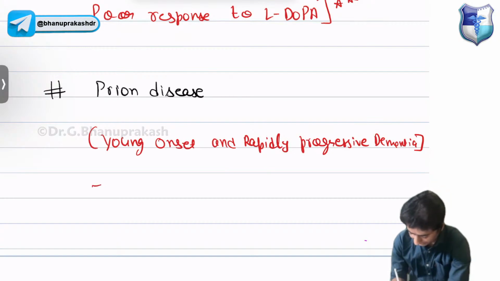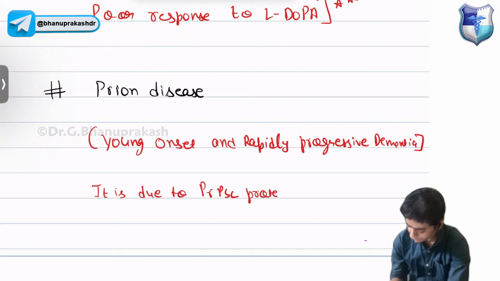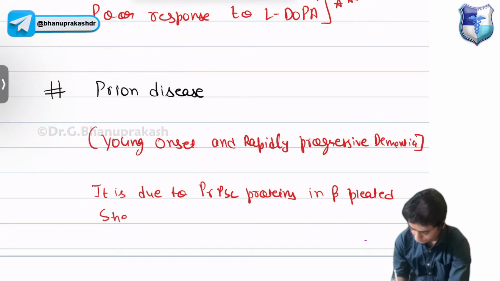It is due to PrPSc proteins, which are beta pleated sheets, and it is an infectious protein.